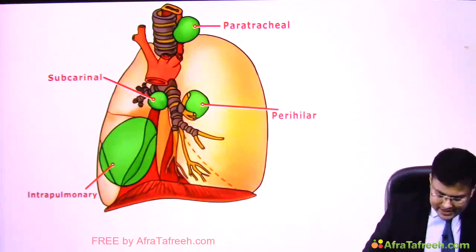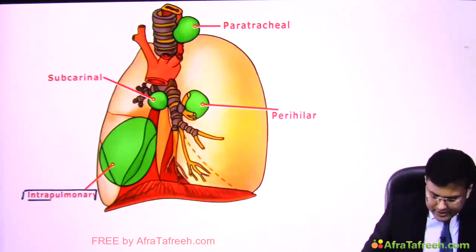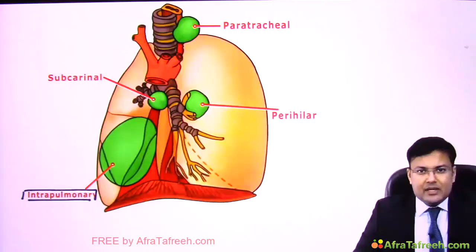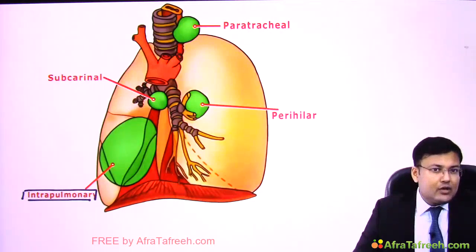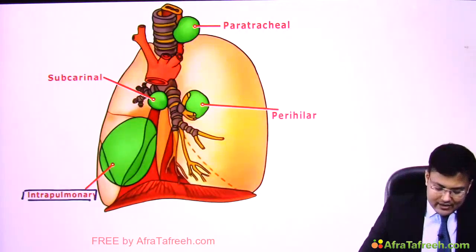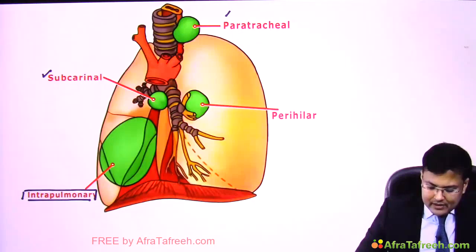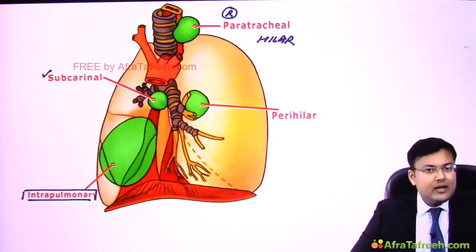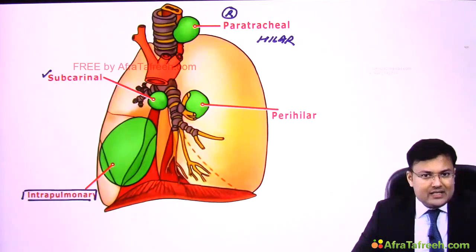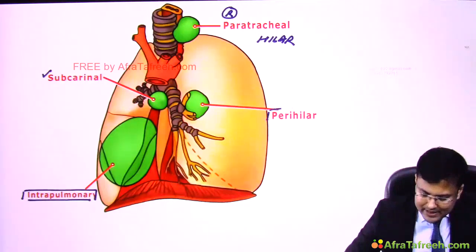Parenchymal is also known as intrapulmonary. Mediastinal type doesn't communicate with tracheobronchial tree. What are the types included in mediastinal variety? Subcarinal, right paratracheal and hilar. Clear? These are included in mediastinal, and in intrapulmonary or parenchymal it is typically perihilar.